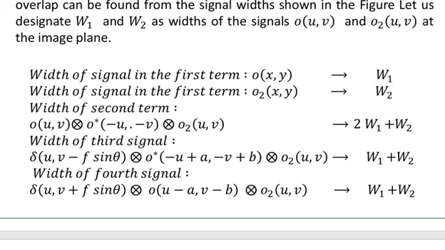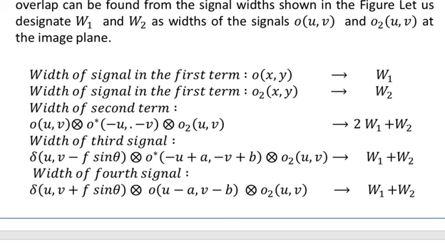The width of O conjugate is W1 and the width of O2 is W2, so the total width is W1 plus W2. The fourth term also involves the delta function, convolved with O and then with O2. Delta will not change the width. The width of O is W1 and the width of O2 is W2, so the total width is W1 plus W2.